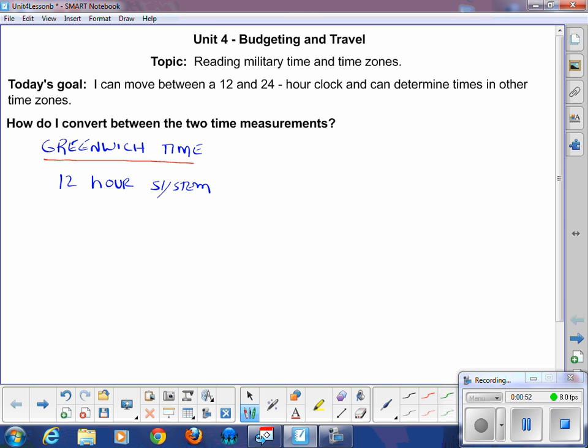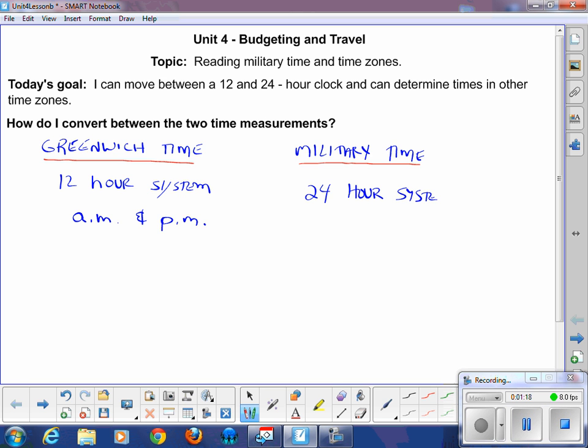So we deal with the AM and PM, and that's what the majority of us are comfortable with. Okay? With military time, you don't need the AM and PM. It is a more secure way of reducing the possible mistakes, and it works on a 24-hour system.